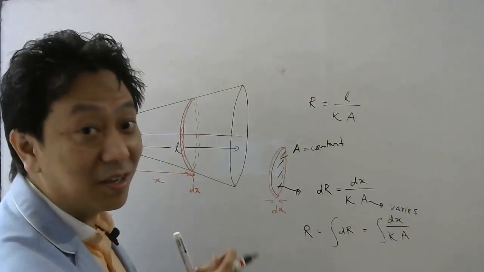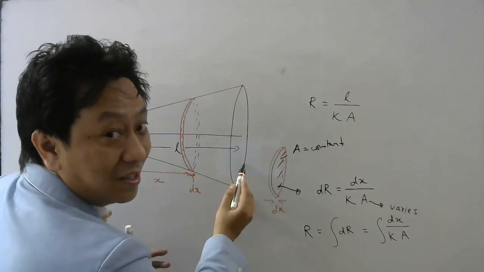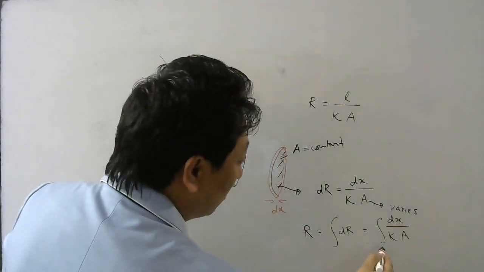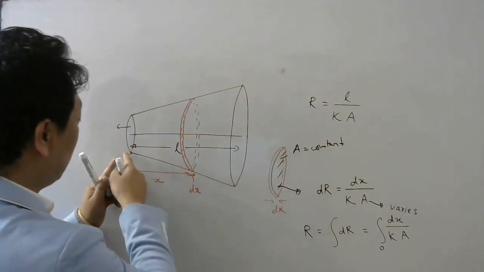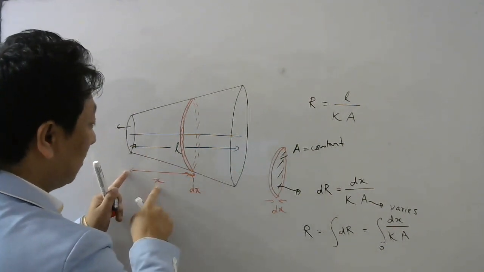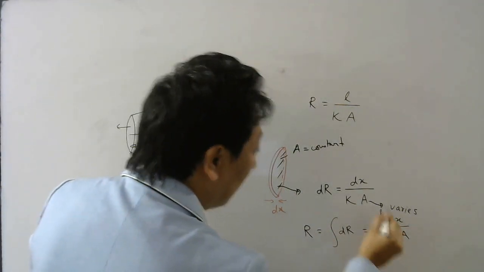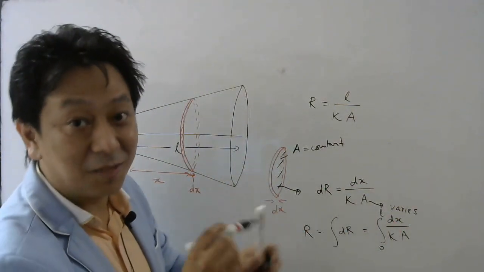And you have to do the integration from where to where? From this end of the rod till you reach this end of the rod. So your x will start from 0, right? When you are here, your x will be 0, and when you reach here, your x will be the length of the rod. So x will go from 0 to L. This kind of integration we will see later.